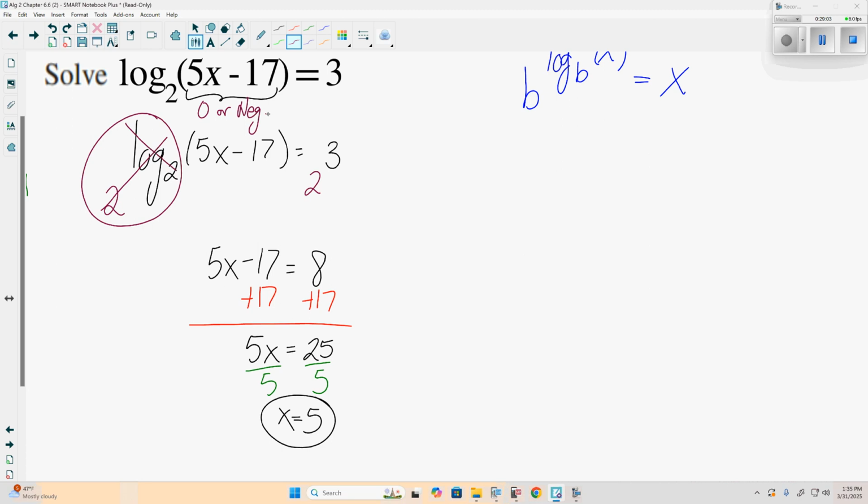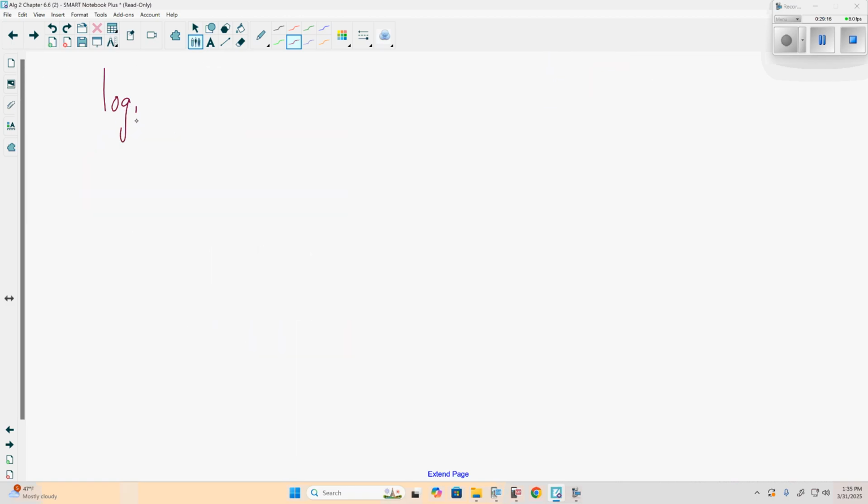We cannot have a number inside the log, guys, be 0 or negative. And the reason for that is because log base b of x equals y if and only if b to the y is equal to x.